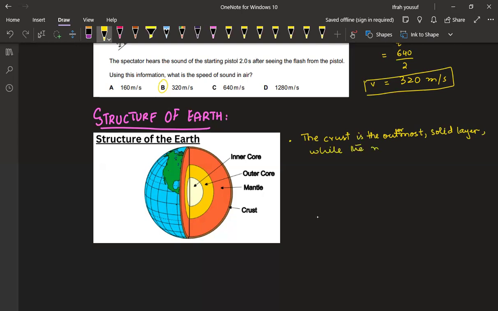the mantle is a semi-solid, flowing layer beneath.